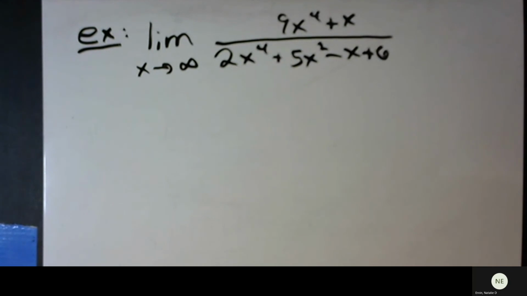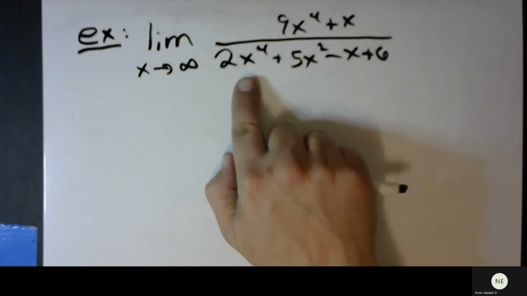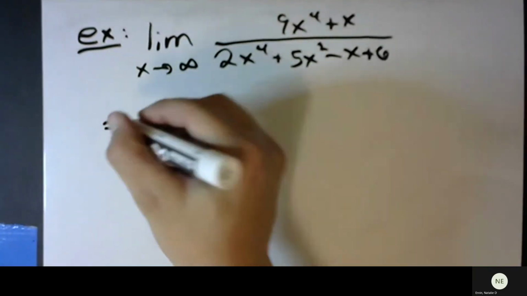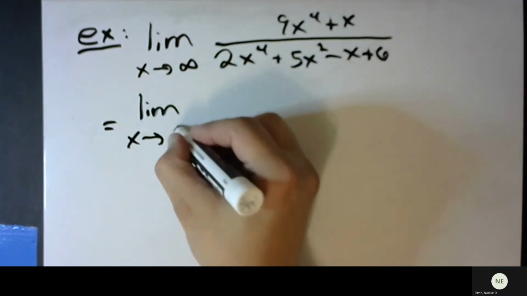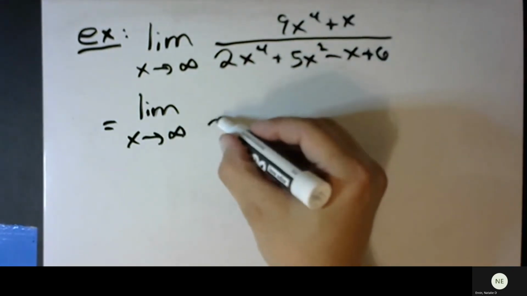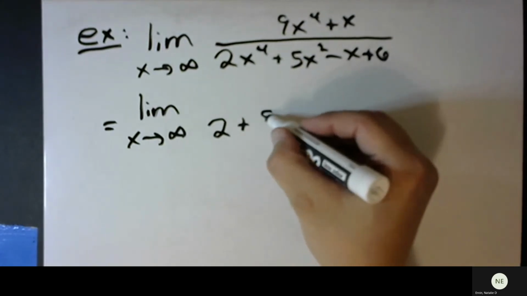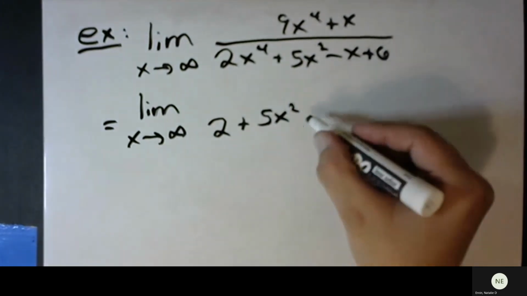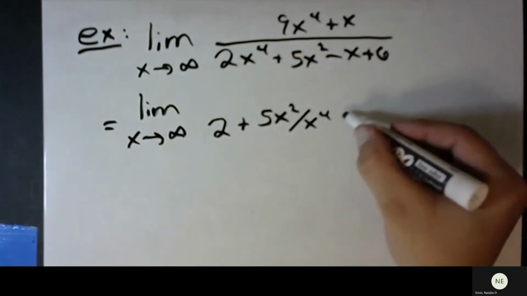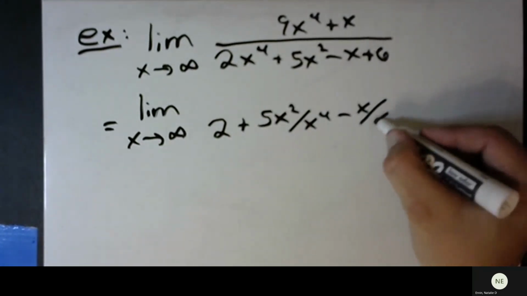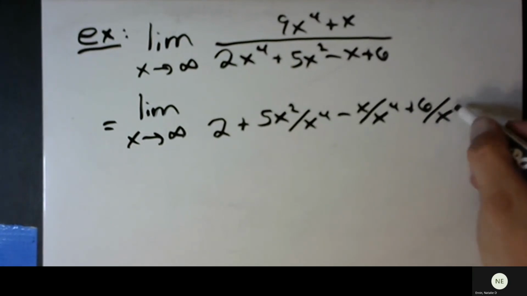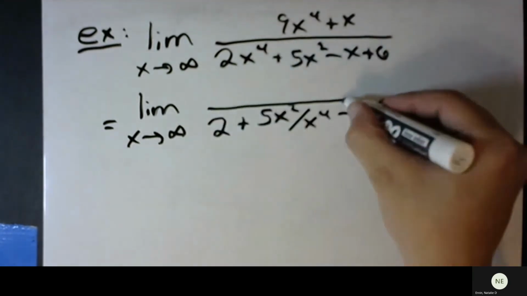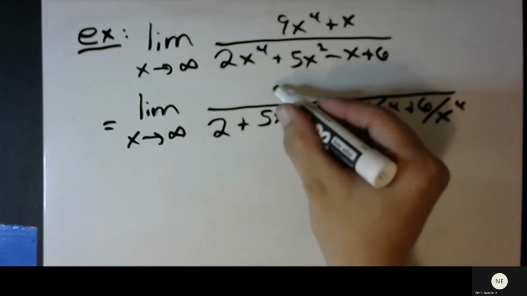So what we can do is divide everything by x to the fourth. And so that's going to give us, on the numerator, 2 plus 5x squared over x to the fourth minus x over x to the fourth plus 6 over x to the fourth, being divided by x to the fourth.